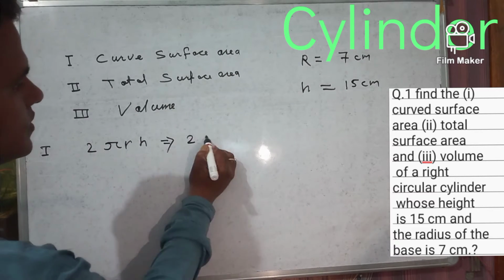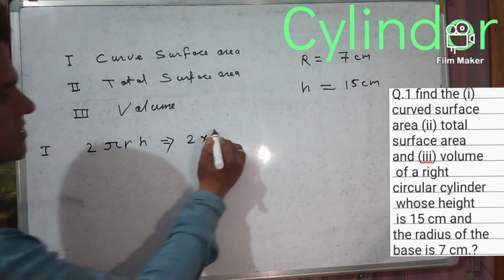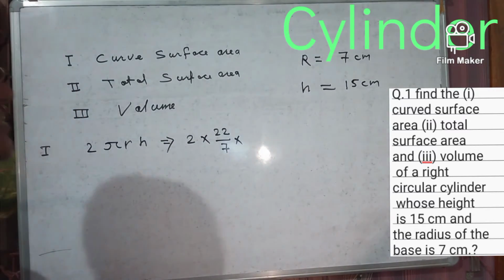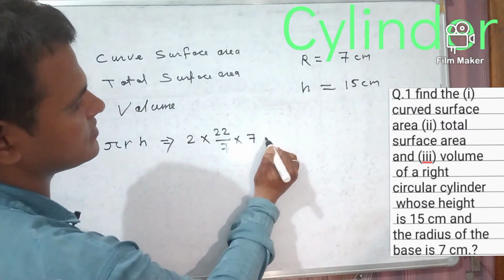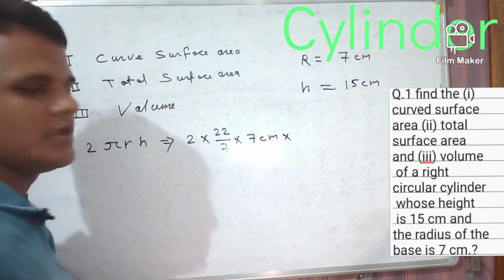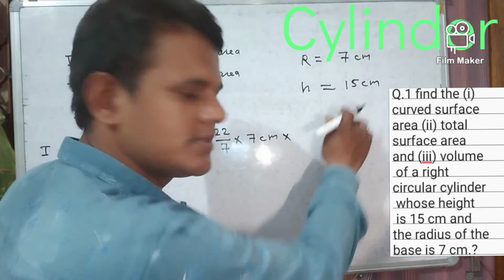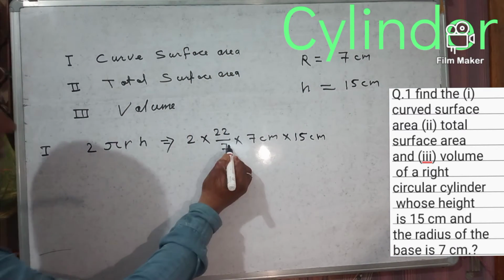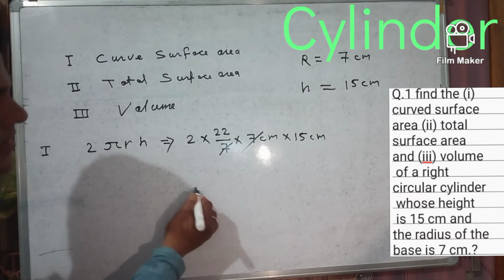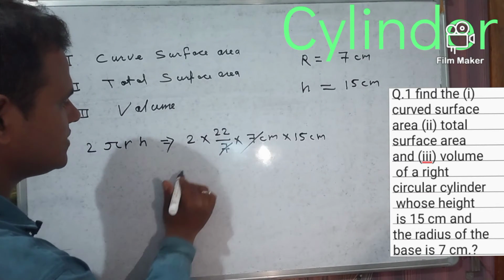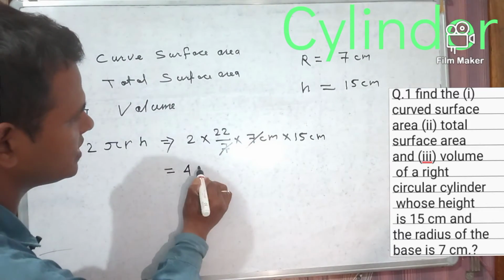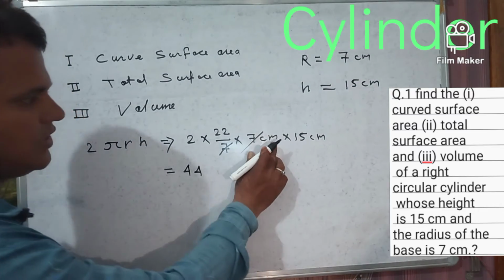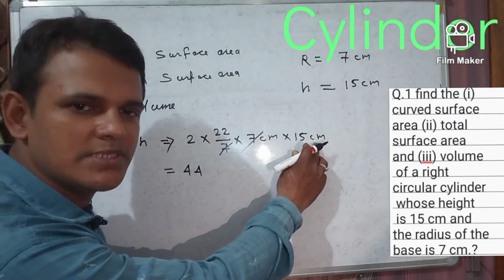So 2 into pi means 22 by 7, and radius is 7 centimeter and height is given 15 centimeter. So now 7 and 7 cancel. 2 into 22 will be 44, right? And 15 centimeter square, because centimeter into centimeter will be centimeter square.